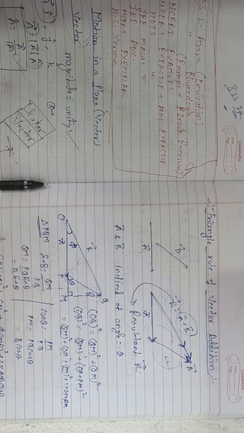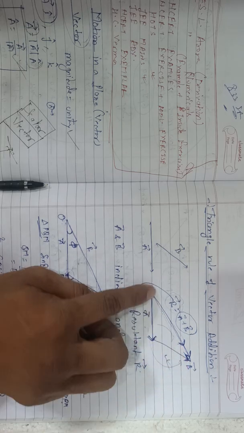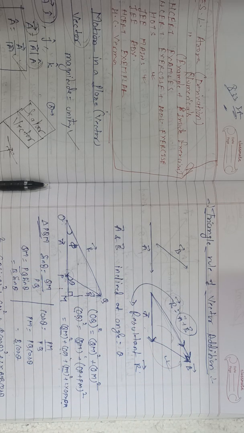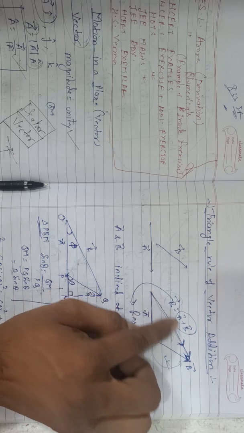First let's focus on the statement of the triangle rule of vector addition. If two vectors can be represented both in magnitude and direction by the two sides of a triangle taken in the same order, meaning they are going in the same direction, then the resultant is represented completely both in magnitude and direction by the third side taken in the opposite order.